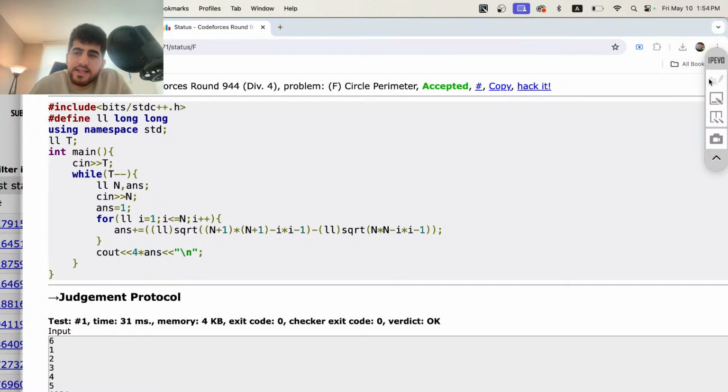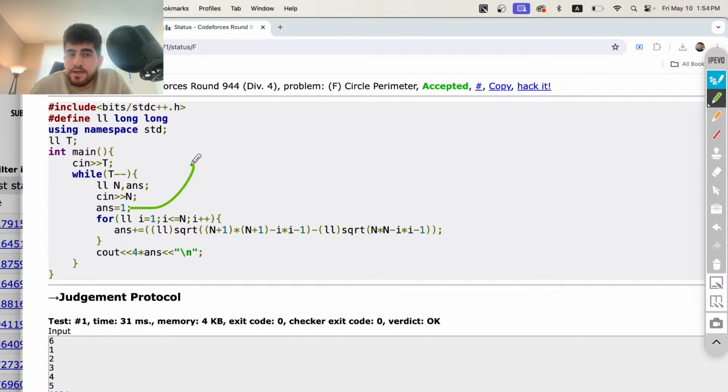So I think in here your ans is 1 because of these 4 points: 0 and x, 0 and minus x, x and 0, and minus x and 0.